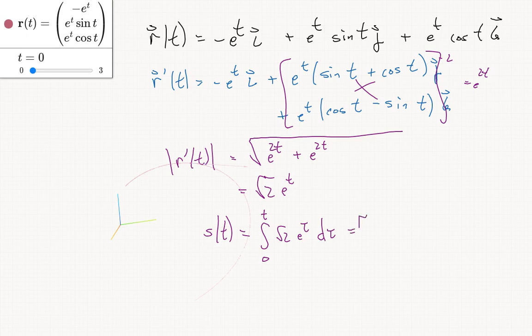So this will be root 2 e to the t minus 1. So we get that s over root 2 plus 1 is equal to e to the t, and so t is ln of this.